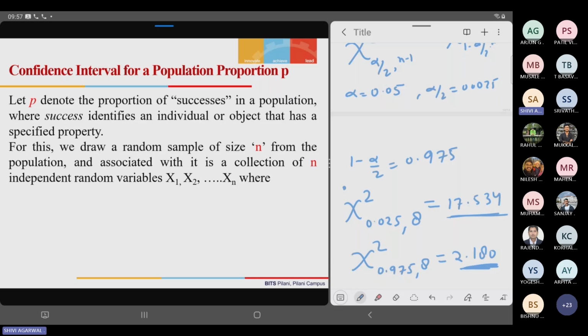Page number 5 to 8, I will just find out. Yes, for the chi-square distribution, the degrees of freedom are given here, and the table is also provided. Okay, page number 5 to 8.